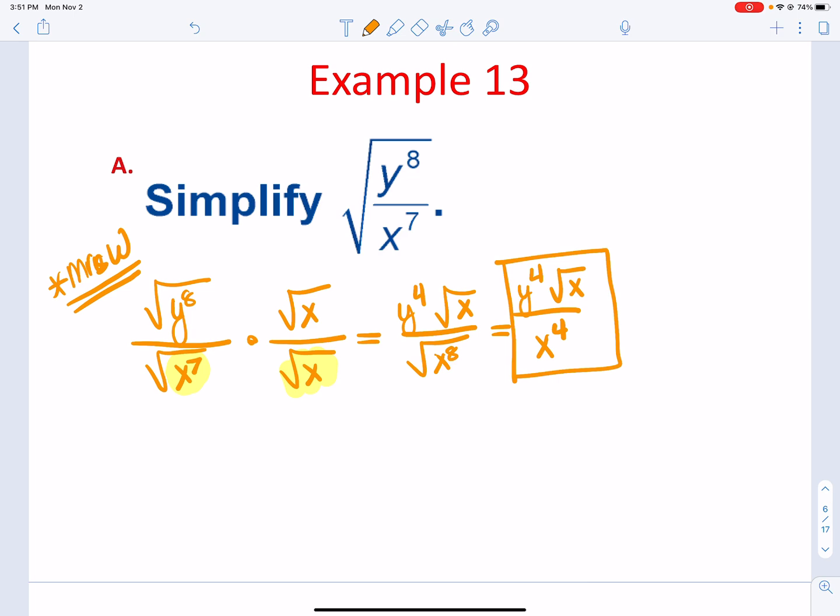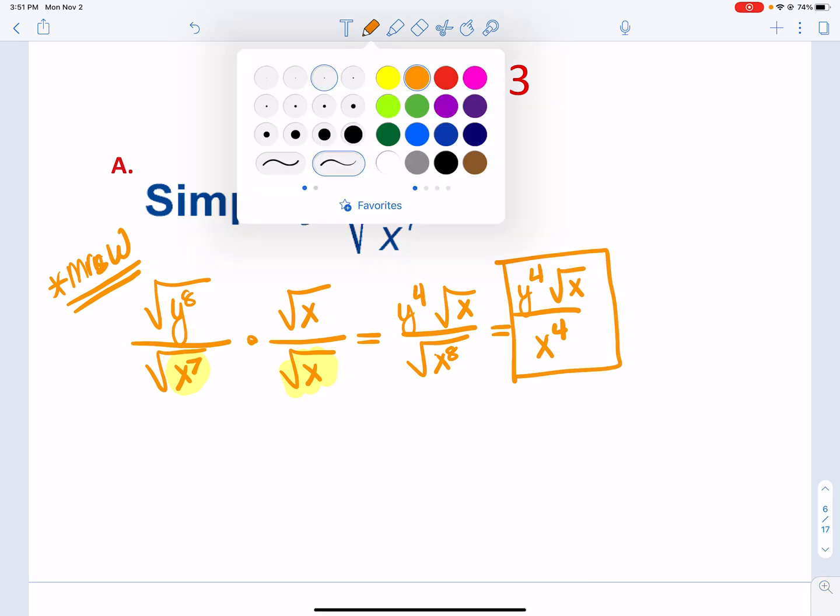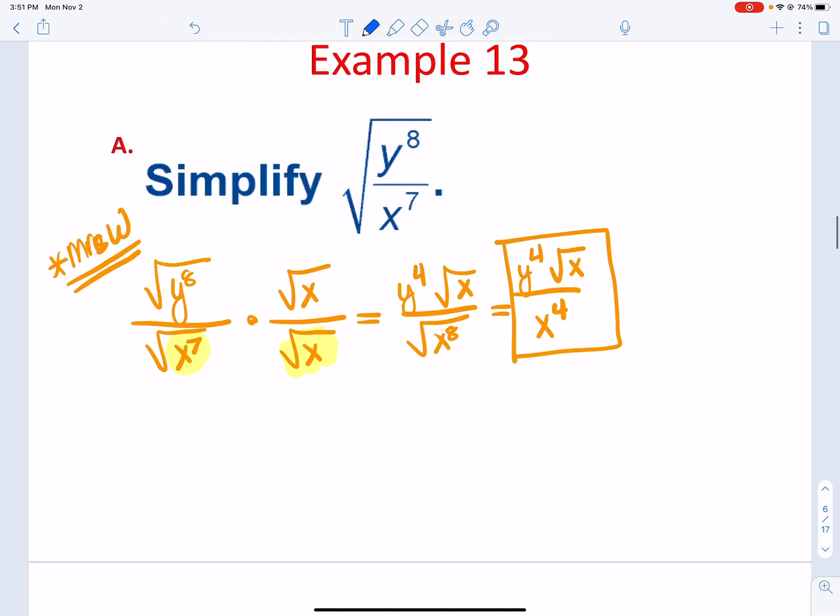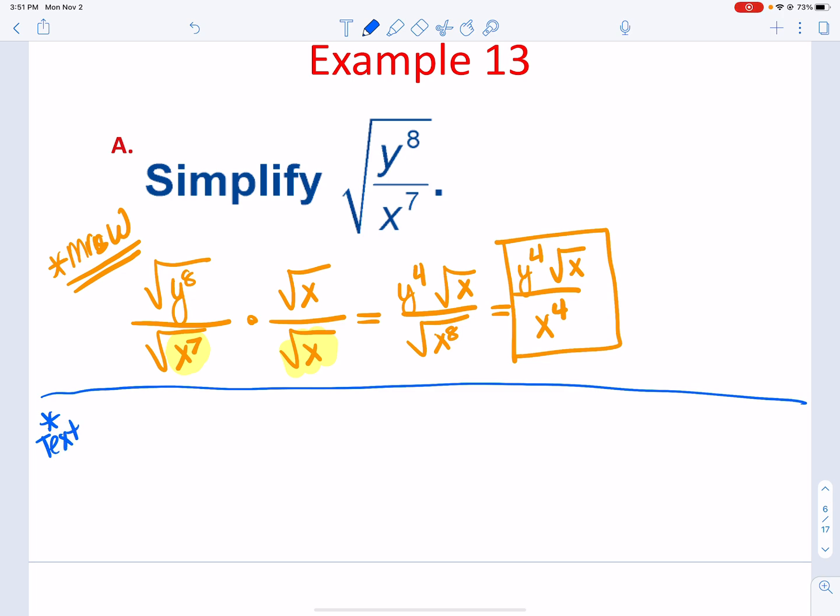I'm done. But the textbook, so those of you, I mean, there's a few of you gone. If you like to look at the textbook examples, I don't care which way you do this, but I want you to understand what the textbook is doing. The textbook, their way is easier on the front, but harder at the end. So the textbook does this.